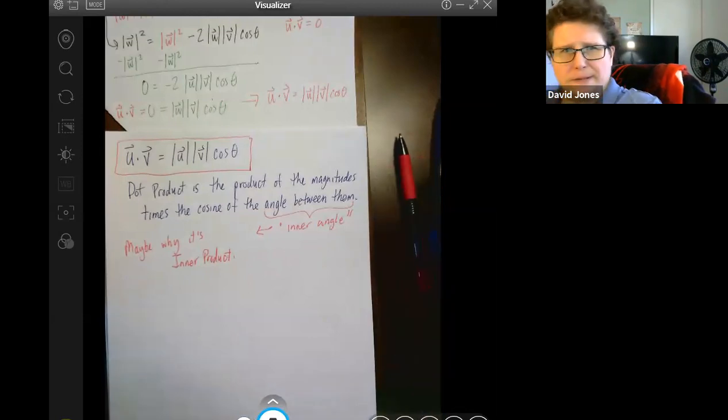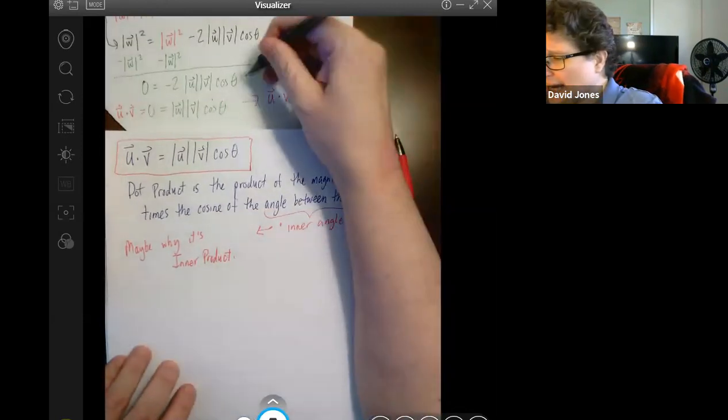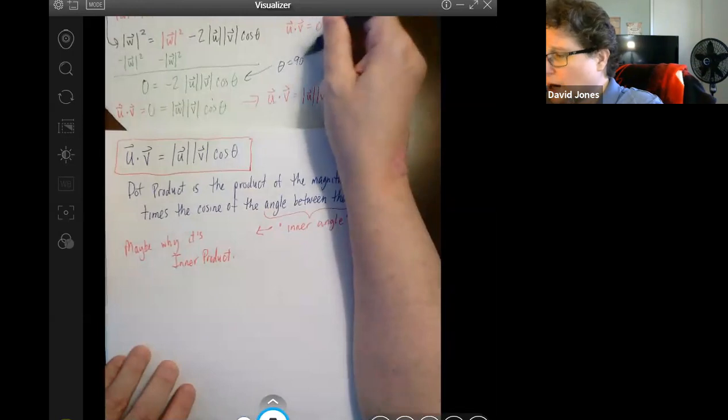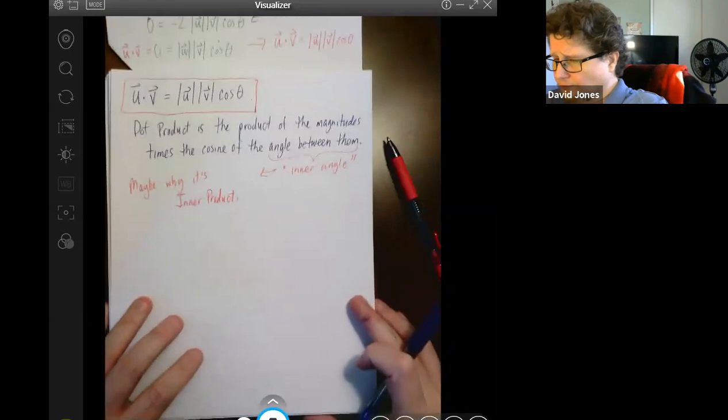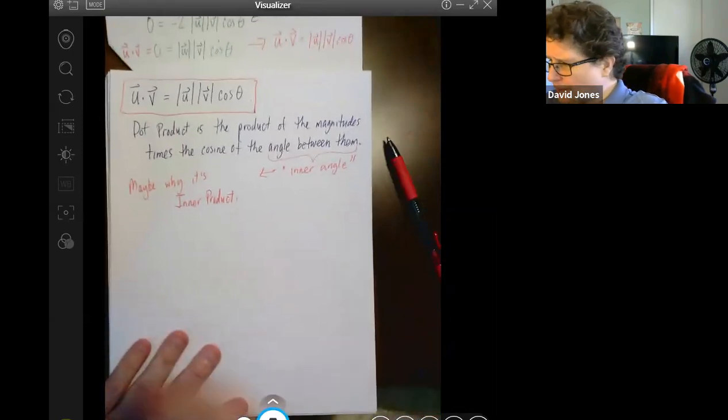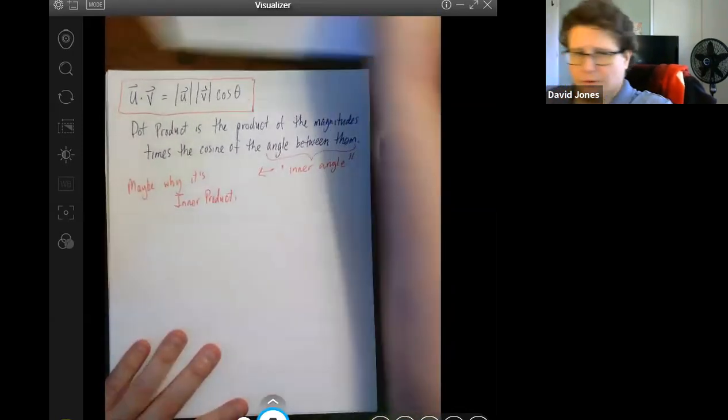Now, true, up here to do this, I had theta equaled 90 degrees for this problem, but this overall principle holds. Notice what happens if I isolate cosine theta.